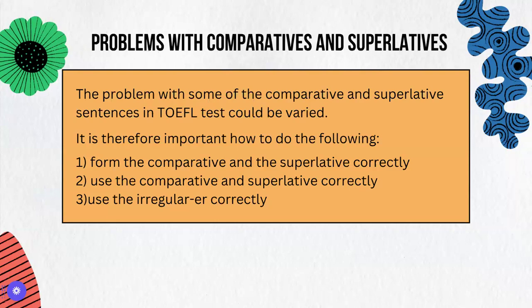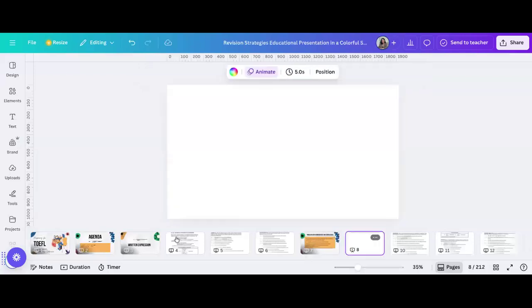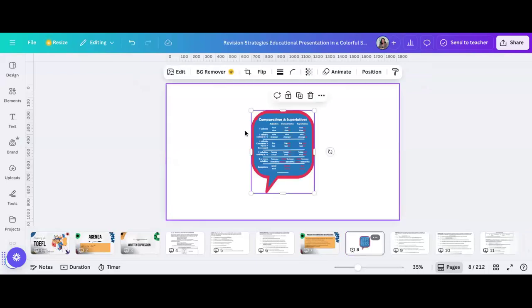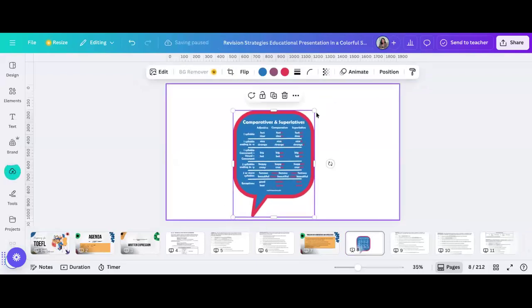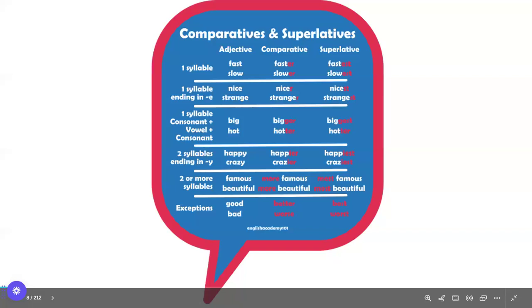And hold on, because I thought I had here a chart showing how to form the comparative and superlative forms. So let's remember quickly how we form comparatives and superlatives.